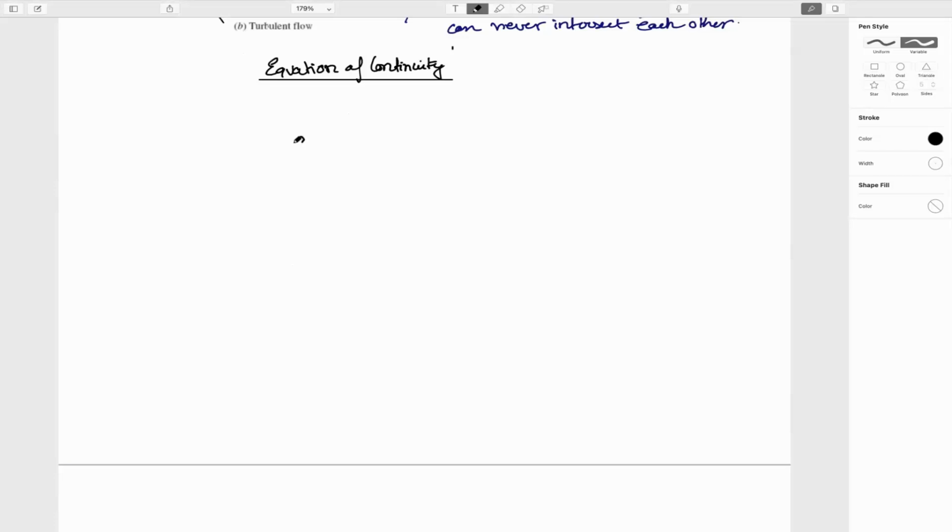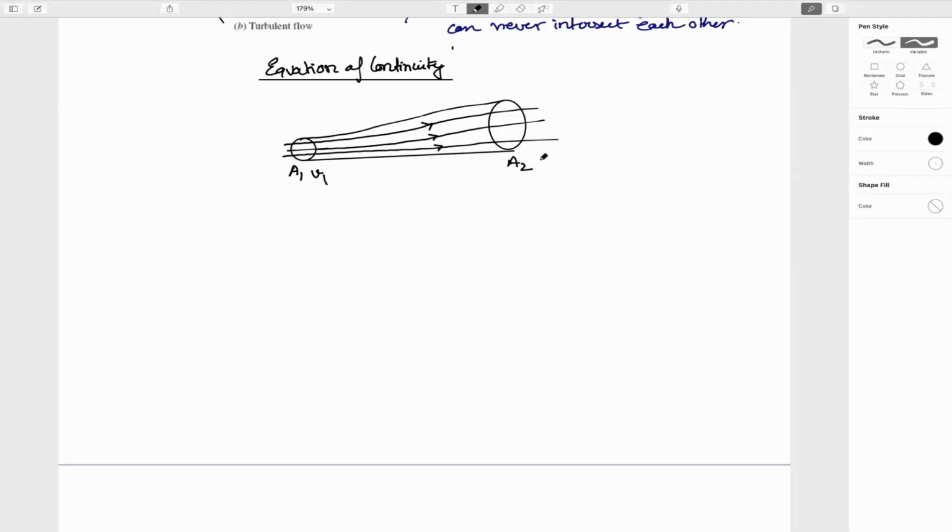Let's say we have a pressure driven flow inside this. The area of cross section at this end is A1, at the other end A2. Velocity is V1, V2. Density rho is the same at both sides, and fluid is flowing through this.